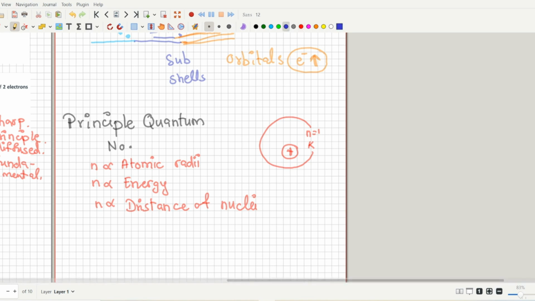And then I draw out n equals 2, that is L shell, like this. And then I draw another shell, that is n equals 3, that is M shell.